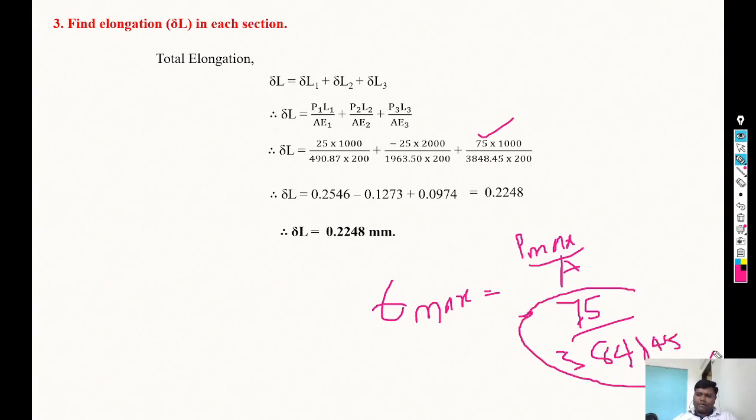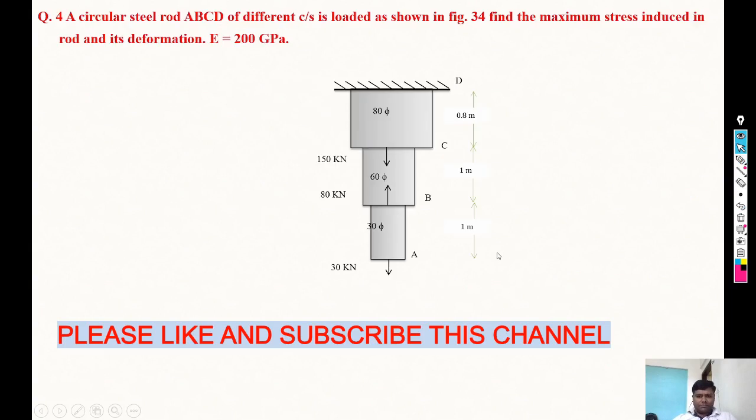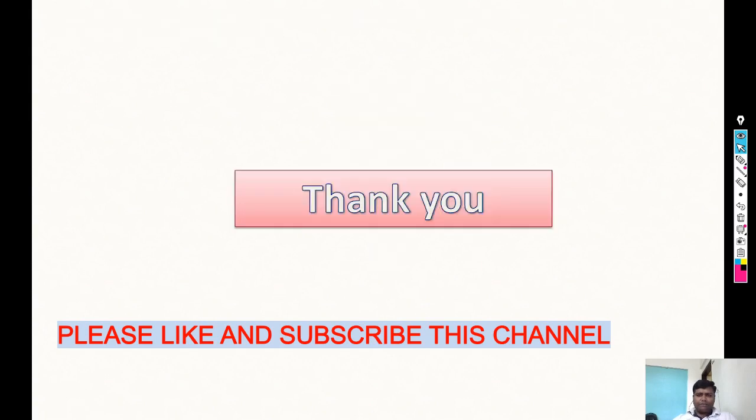Just calculate this ratio and give your answer in the comment box. This is your homework, just note it. Okay, thank you.